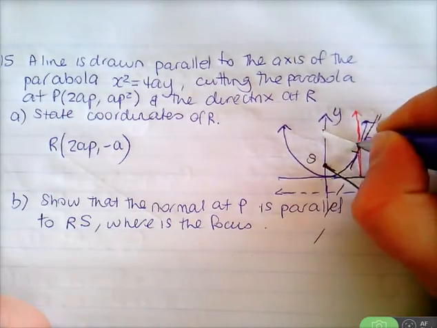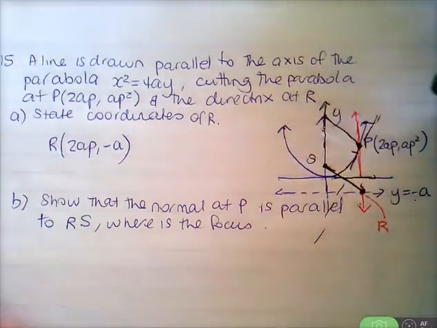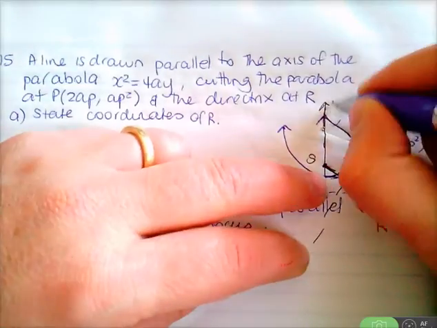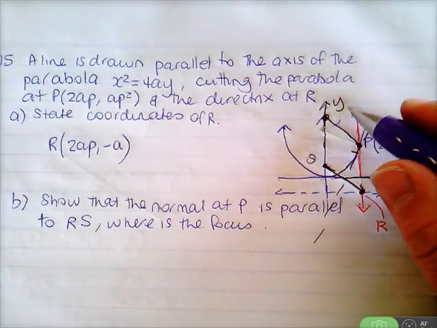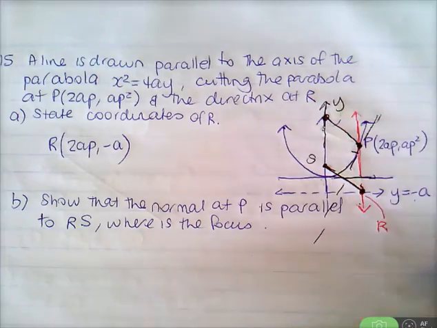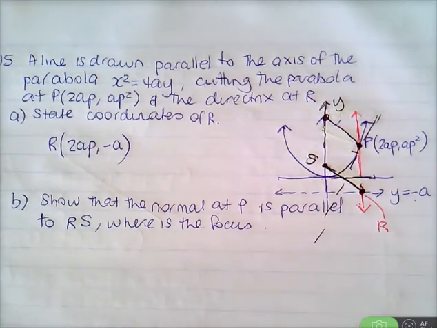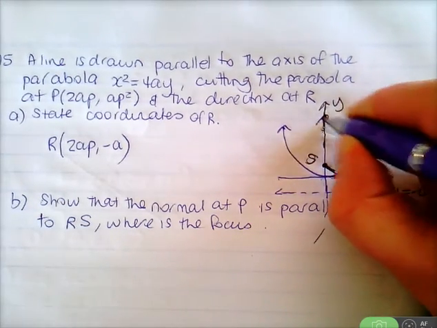You have to show that the normal at P, so I'm just doing that normal a bit higher. Show that the normal at P is parallel to RS, that's S there, where S is the focus. Now I've gone too high, but make them parallel.